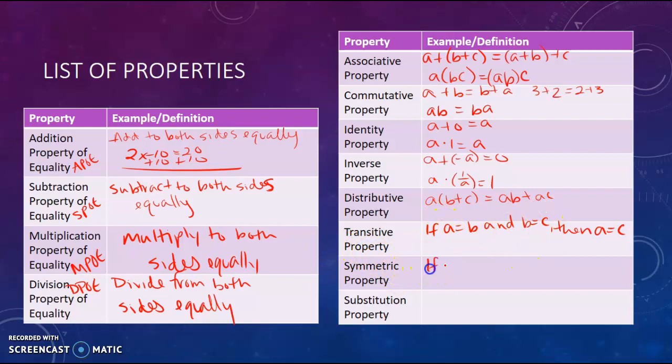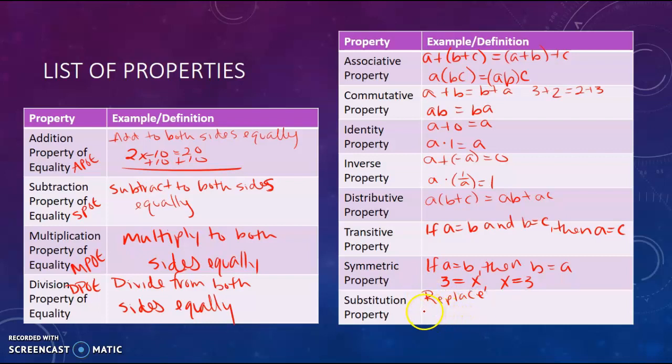We kind of talked about transitive property, so if A equals B and B equals C, then A equals C. So again, they have B in common. And so because they have B in common, then we can say that they are equal to each other. Symmetric property, if A equals B, then B equals A. Most of the time we see this when we're doing something like 3 equals x, and we want to write it as x equals 3. That's the symmetric property, the fact that those are both the same. In substitution, the thing that helps me remember it is when I am replacing.